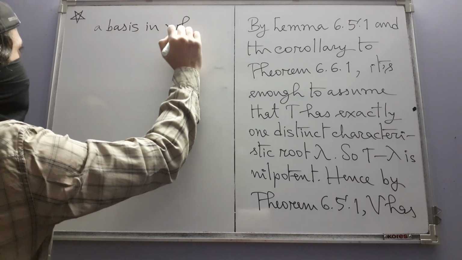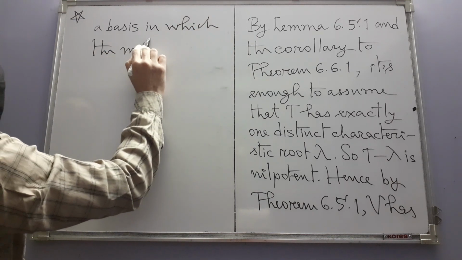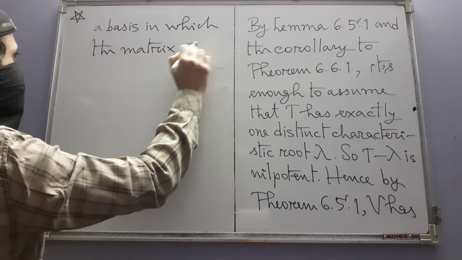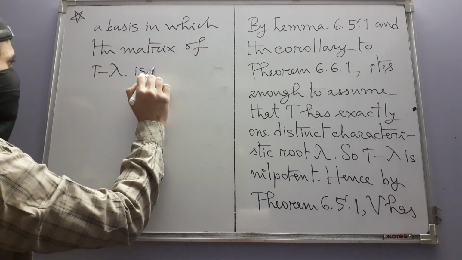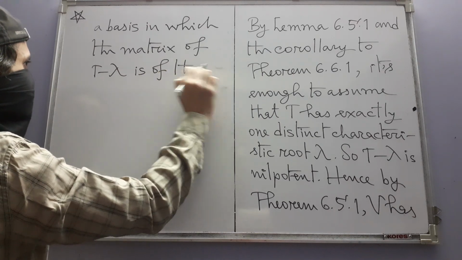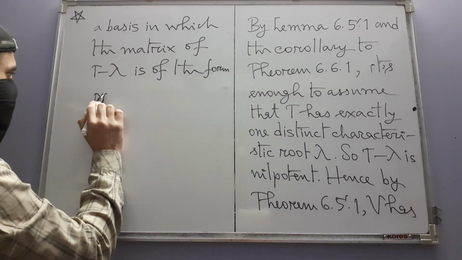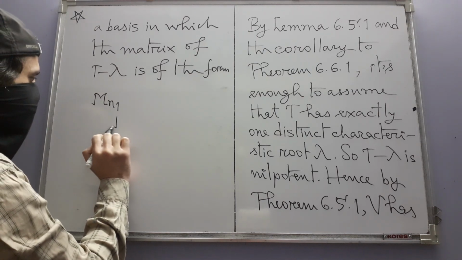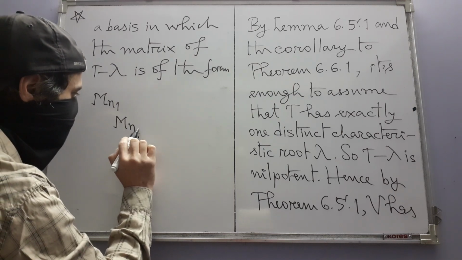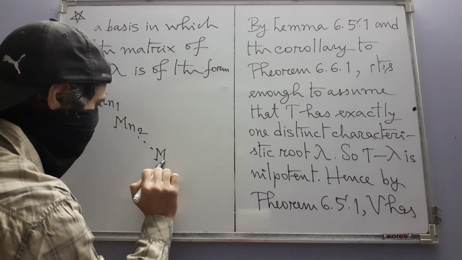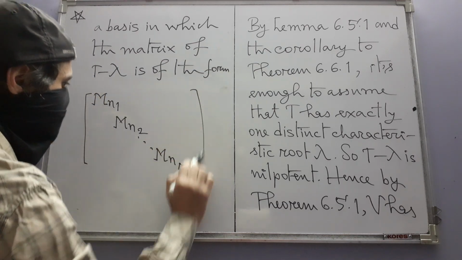in which the matrix of T minus lambda is of the form this. Mn2, MnR. Recall your previous section result.